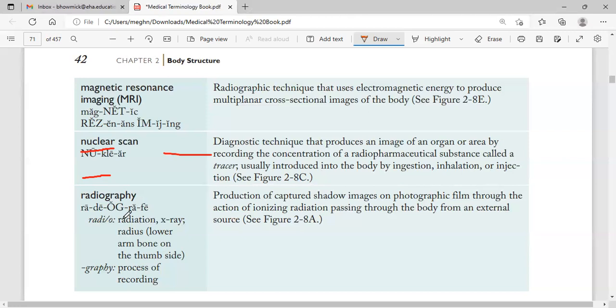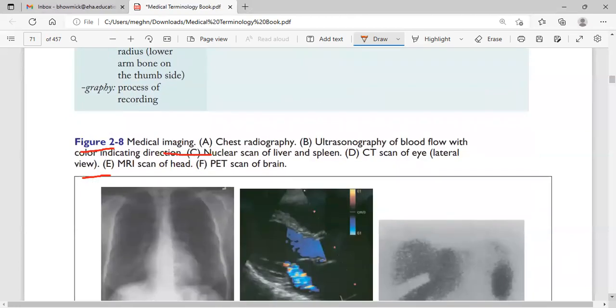Radiography means radiation, X-ray, radius, the lower arm bone on the thumb side. The process of recording, producing a captured shadow image on photographic film through the action of ionizing radiation passing through the body from an external source.